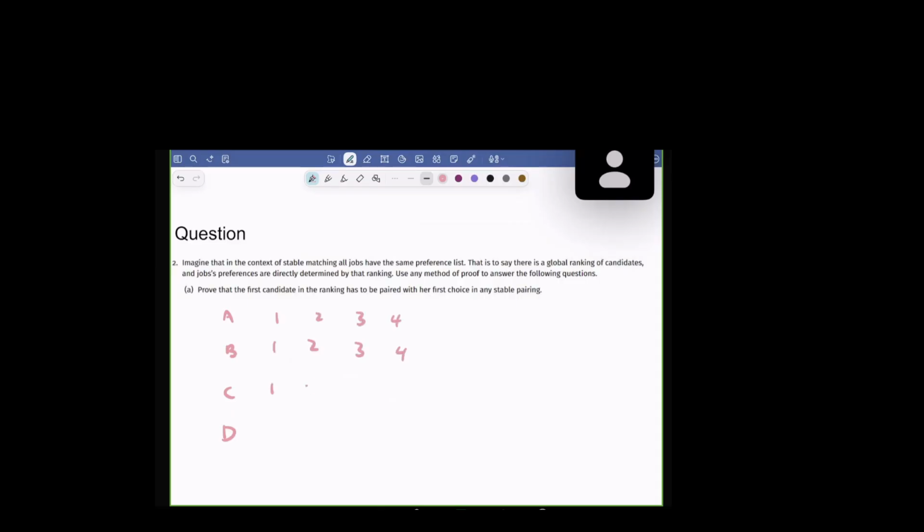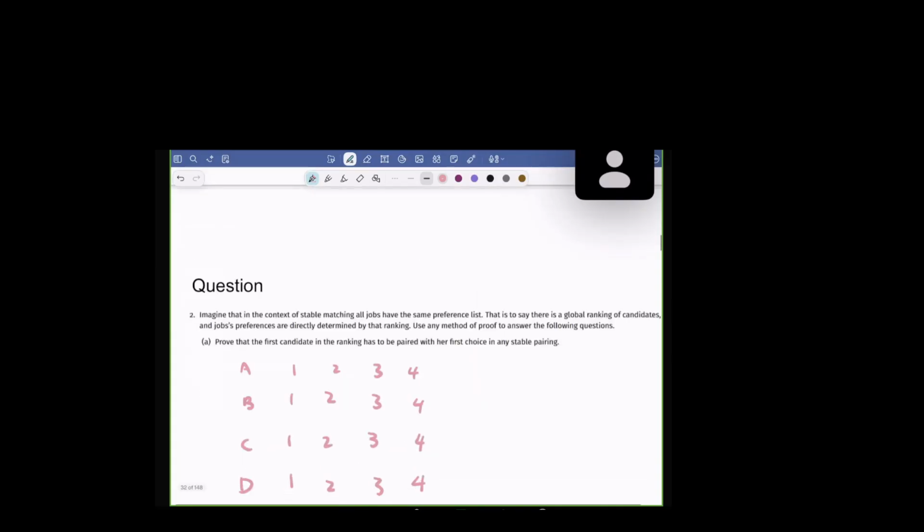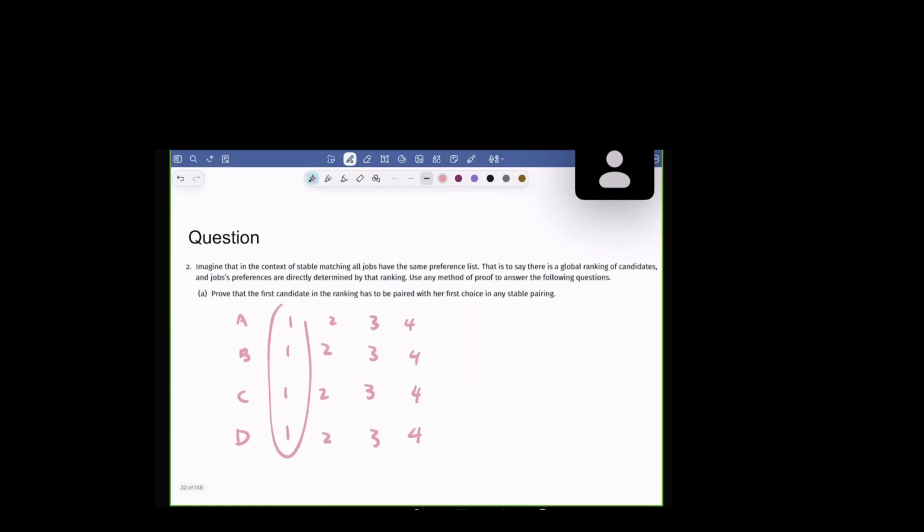And then what they want you to prove is that the candidate, which would be 1, because 1 is the one that's listed first in every single job's ranking. So we just want to prove that the first candidate in the ranking has to be paired with her first choice.